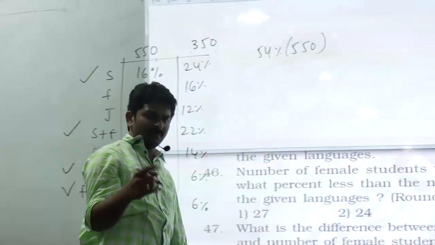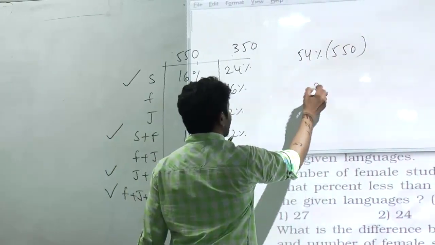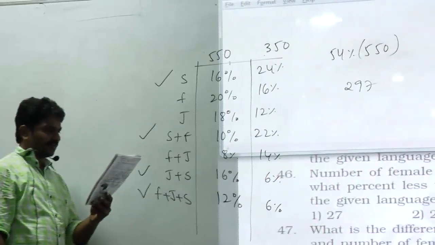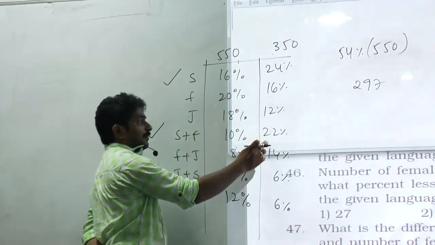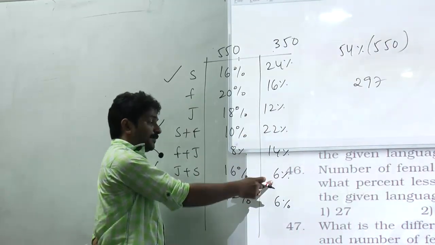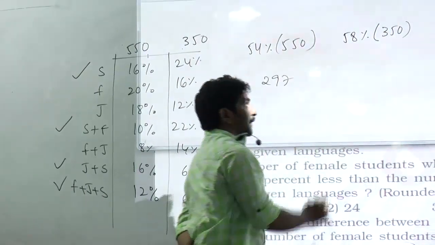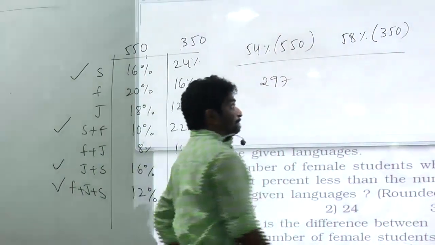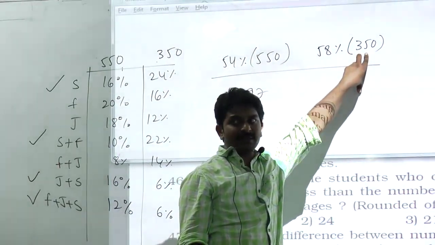I think we have already calculated. 297. Okay, Japanese. Right. Now female Spanish 24, 22, 46, 46 plus 6, 52 plus 6. Now 58% of 350. 60% minus 2%. 10% 35. 60% in the sense into 6. Yes or no? Wait a minute.